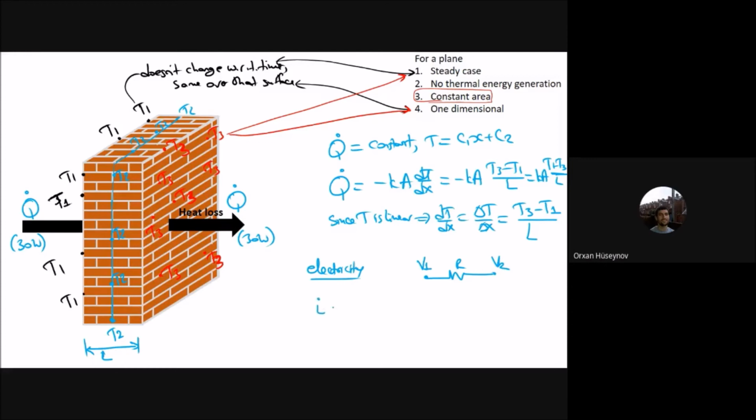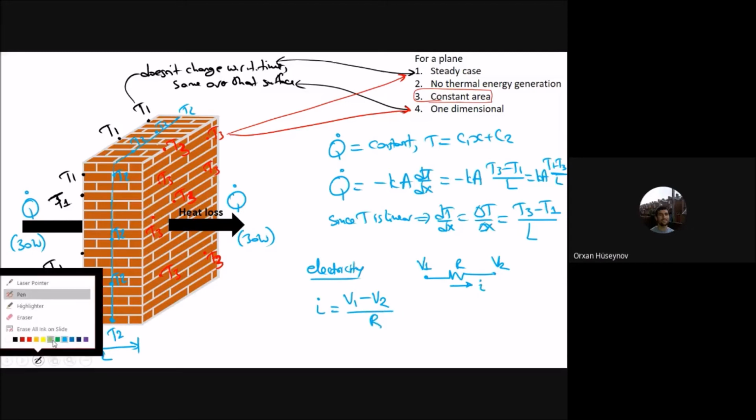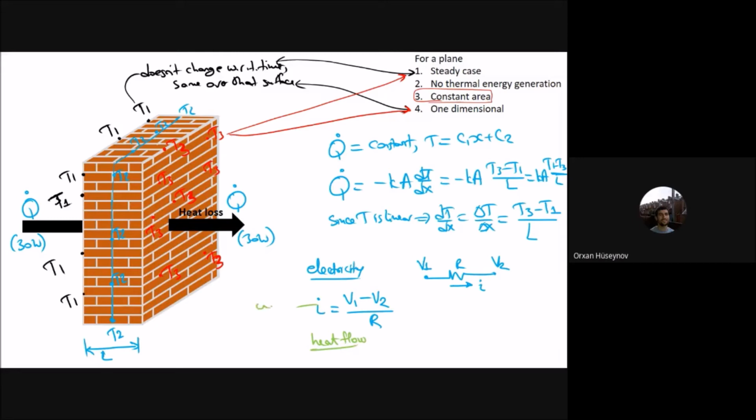The current I that flows over this part in that direction will be equal to V1, the voltage at 1, minus V2, the voltage at 2, divided by R. That is the electricity case. Now the similarity for heat transfer: this one is current flow, and for heat flow, Q dot, the heat transfer, will be equal to the temperature at 1 minus the temperature at 3. You can see the similarity: temperature at 1, temperature at 3, divided by the resistance.